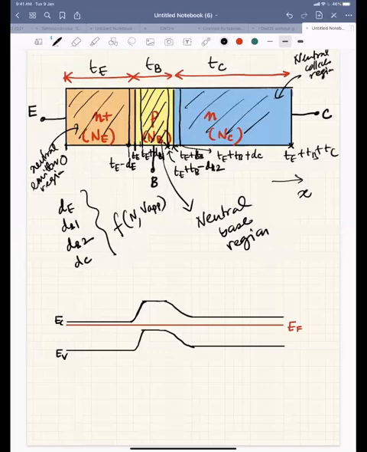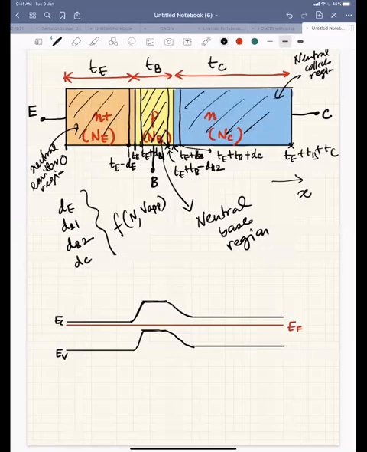In the neutral parts, your bands are flat because there is no electric field. In the depletion region, you have a potential, a voltage drop and an electric field, so you have a sloped, graded band.